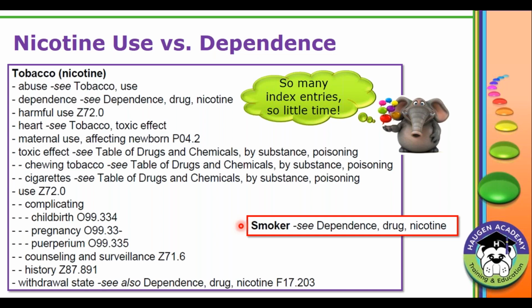It's about 50-50 from what I've seen in audits. Often the physician will say the patient's a smoker, and I can code an F17 dependence code. But a lot of times he'll just say tobacco use or tobacco abuse, and we're left with the Z72 code, which is not quite as specific.